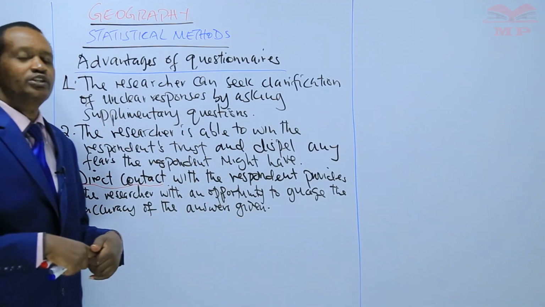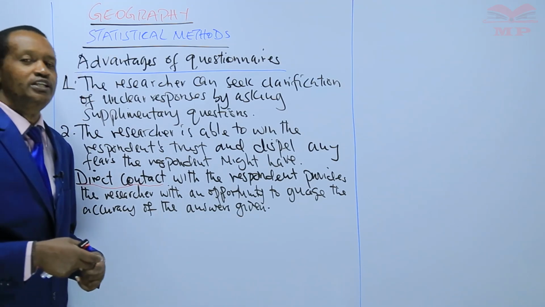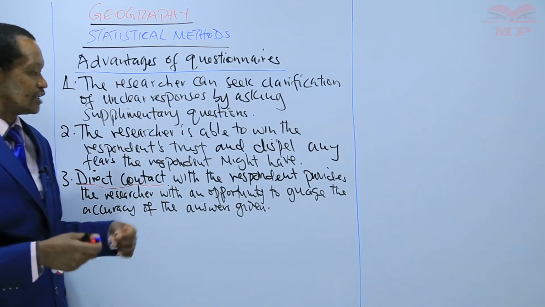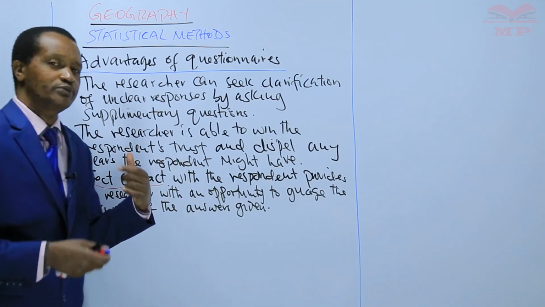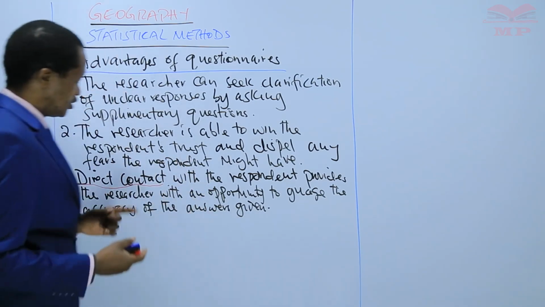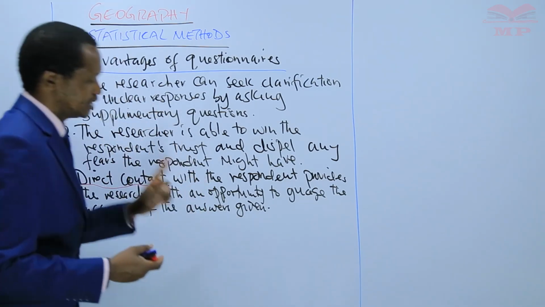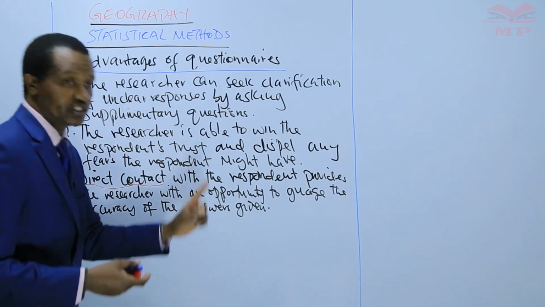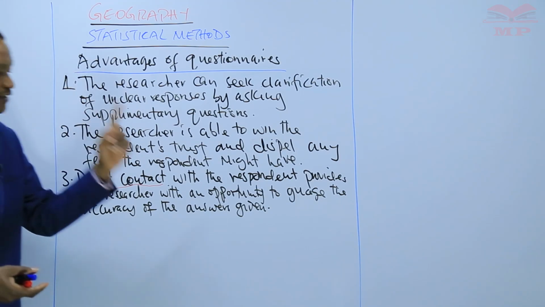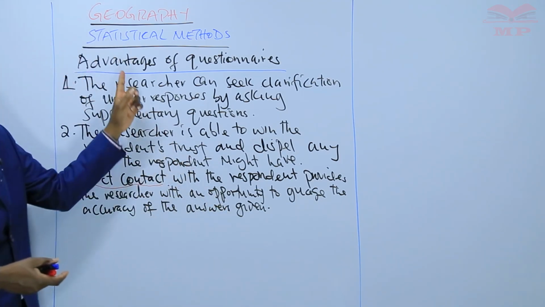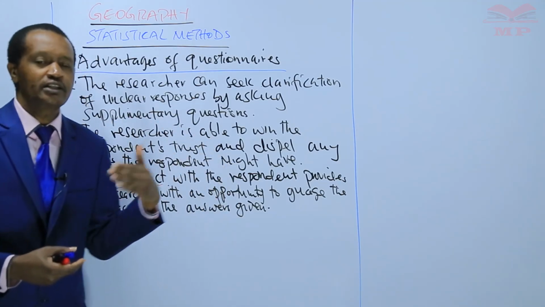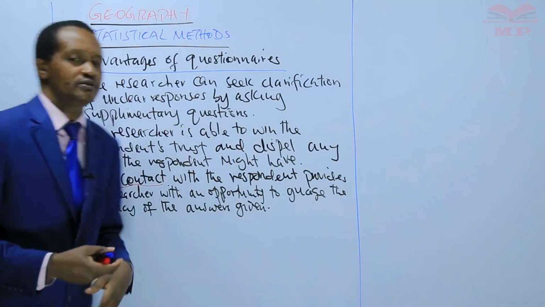You can tell when someone is not comfortable, and when someone is comfortable. You can tell when someone is speaking the truth, and when someone is not speaking the truth, by looking at how the body communicates. So direct contact with the respondent provides the researcher with an opportunity to gauge the accuracy of the answers given. That is an advantage of using questionnaires.